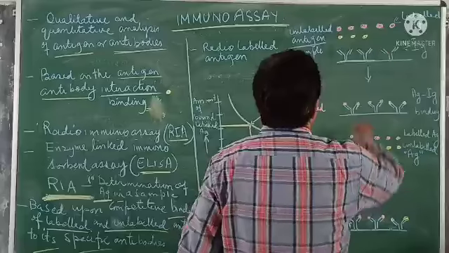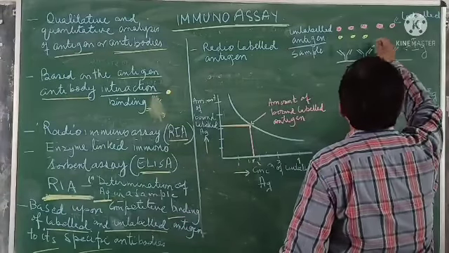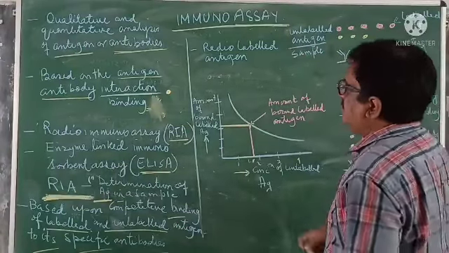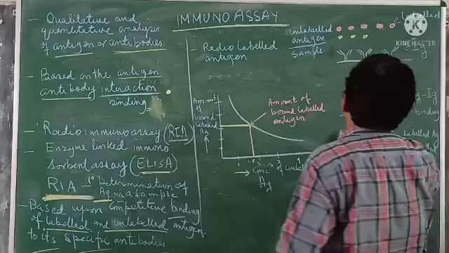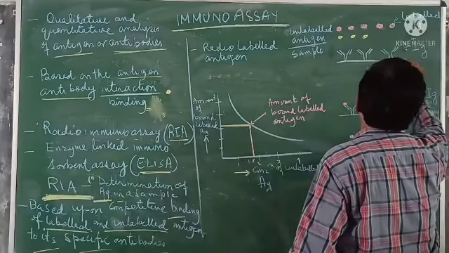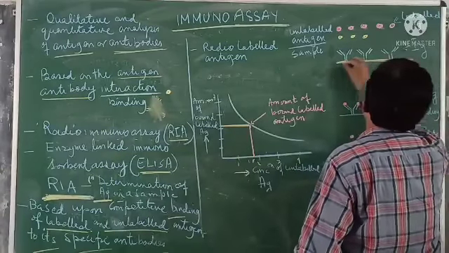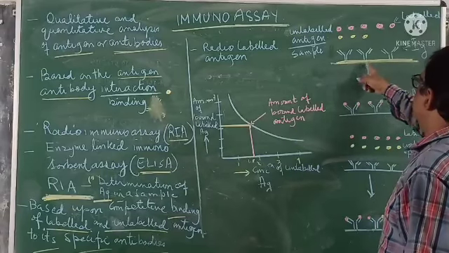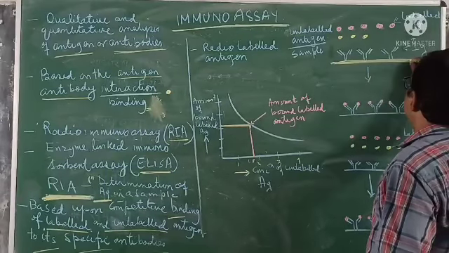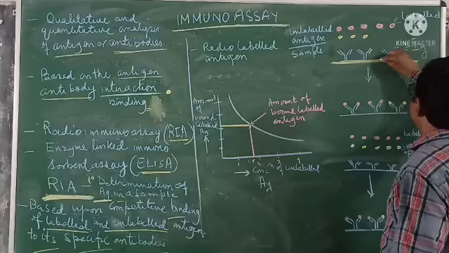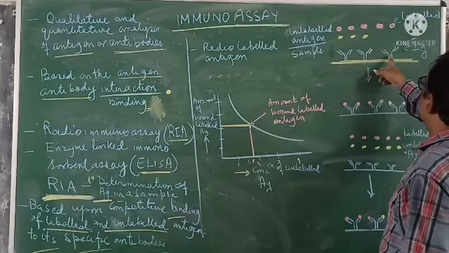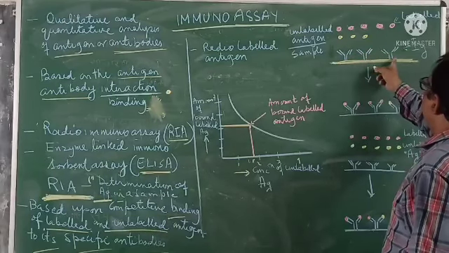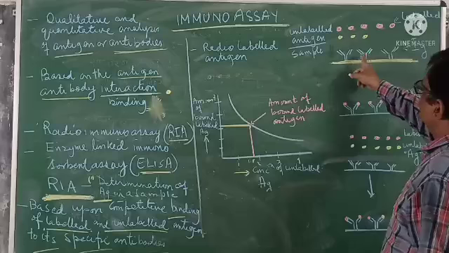We take the specific antibodies for this antigen which is to be analyzed, and this antibody is incubated on a glass surface, and it will bind to this glass surface. Suppose this is the glass surface and these are the antibodies attached to this surface.